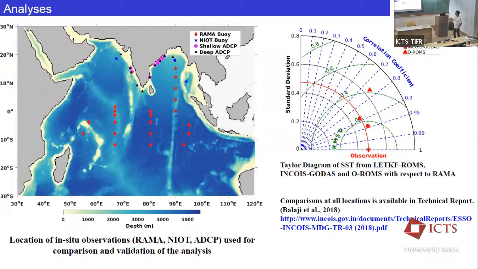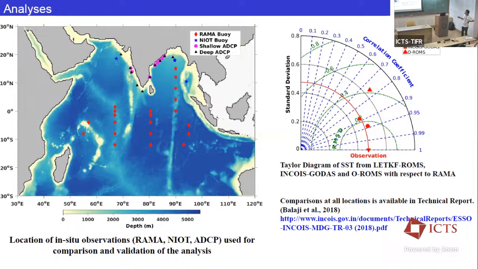This is the Taylor diagram. You guys know Taylor diagrams? How is it to be read? Anybody who does not know? Okay, these kinds of diagrams are called Taylor diagrams. Now, how to read this Taylor diagram? For example, you take this point. This corresponds to a free ROMS where no assimilation has taken place.